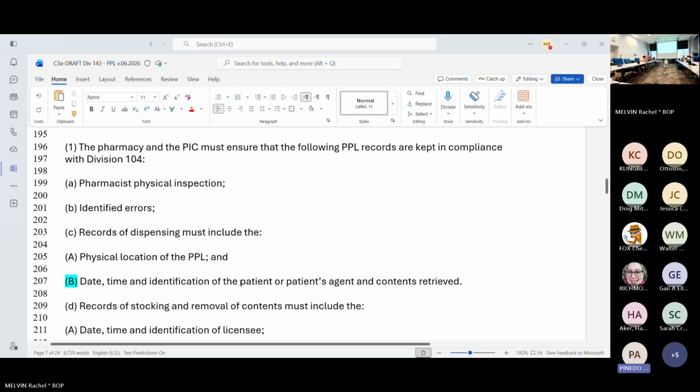Maybe printed name, printed first and last name of patient or patient's agent. I think as long as that is on there with it, it's clear that we obviously need to know who's getting it.